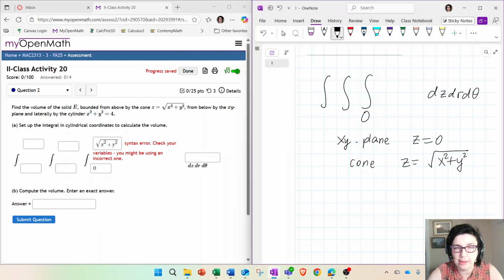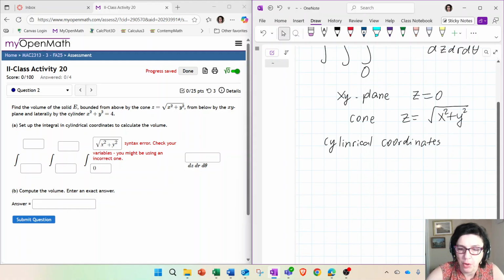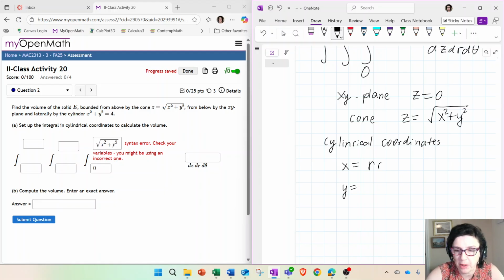But remember, these are cylindrical coordinates. So what do we know about cylindrical coordinates? In cylindrical coordinates, we have a whole bunch of connections between them and the regular coordinates x, y, z. So what are the connections? First, the x and the y look exactly the same as they did for polar: r cosine theta, r sine theta. And z stays the same.